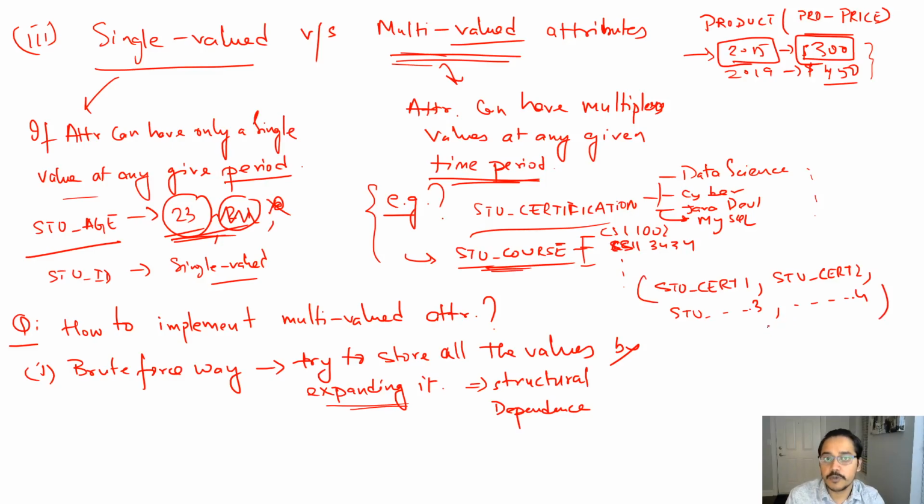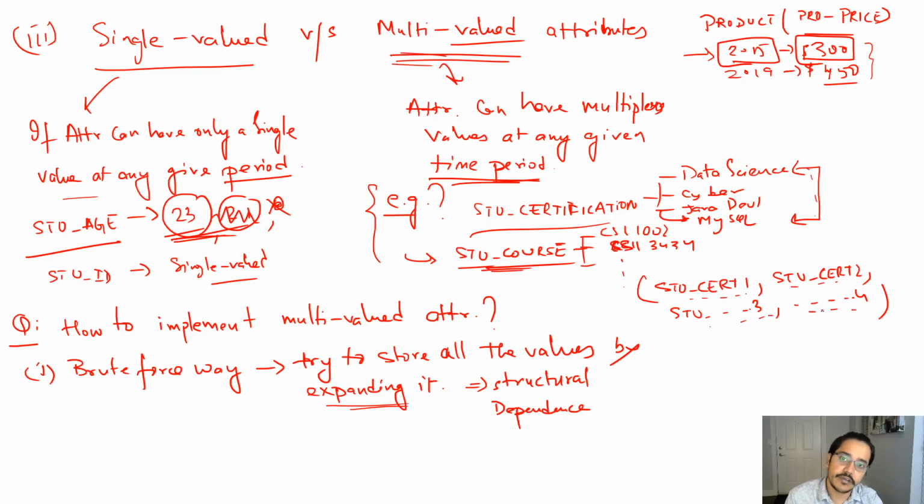This is a very poor design. Every time a new value comes into the picture, you will have to change the structure of your database table, not the database, but the table of the database, right?